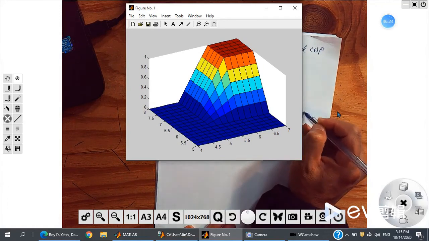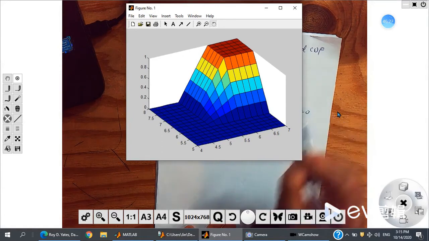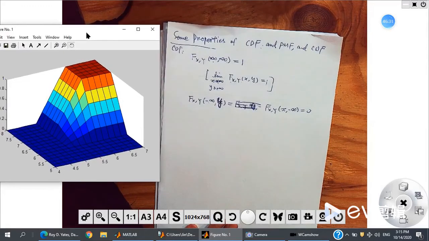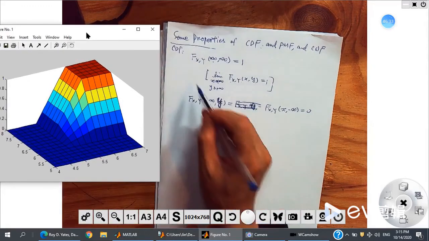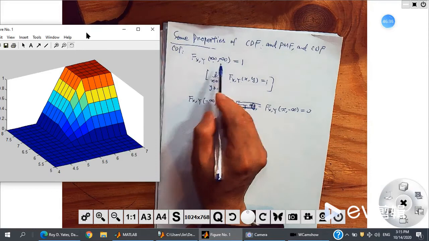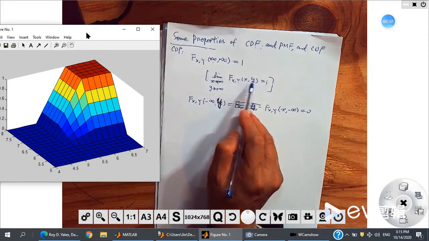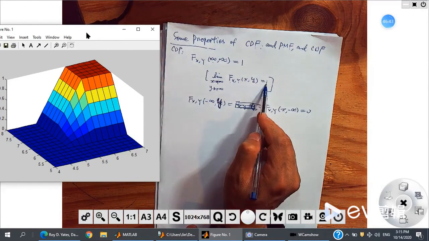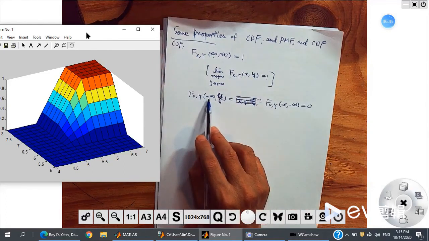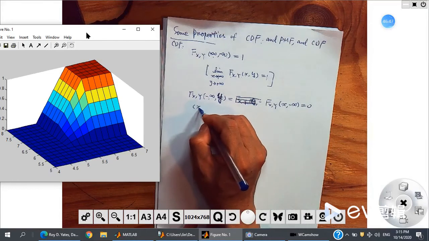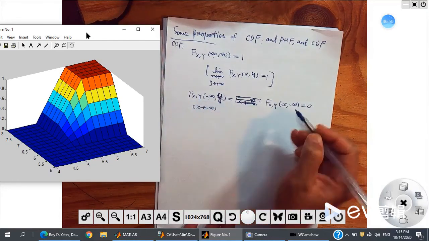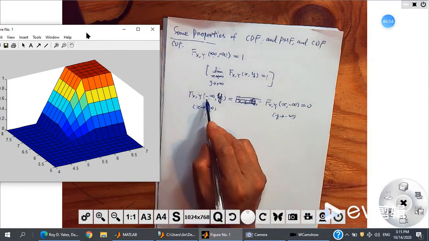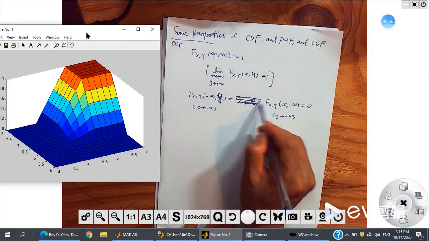This will be 0. Again, for the CDF, when both x and y go to infinity, the limit of this capital F should be 1. And if one of them goes to negative infinity, x or y, then the limit of F should be 0.